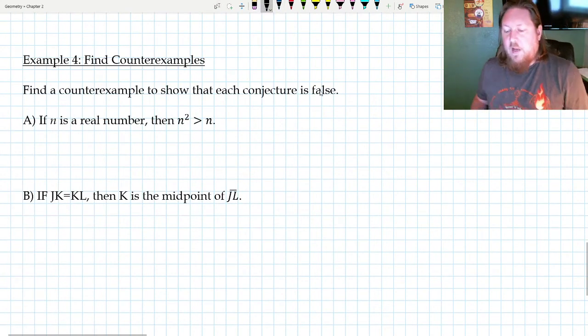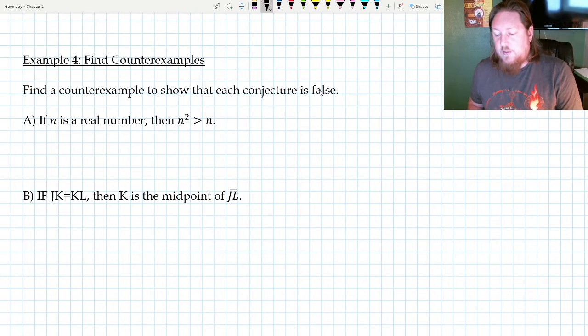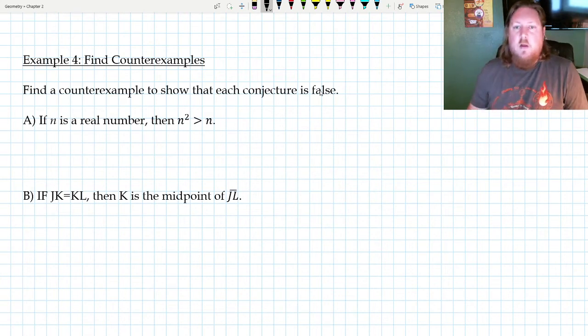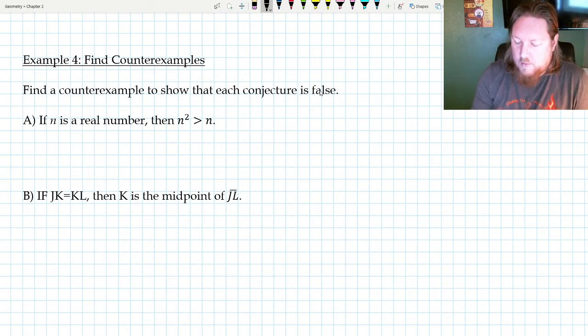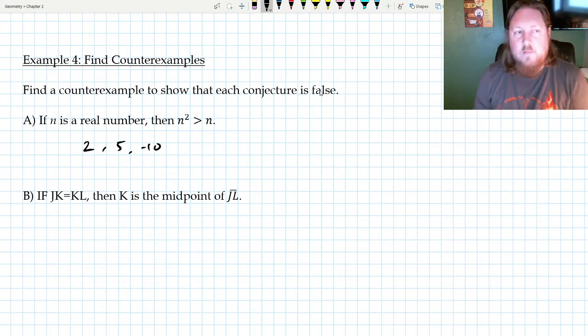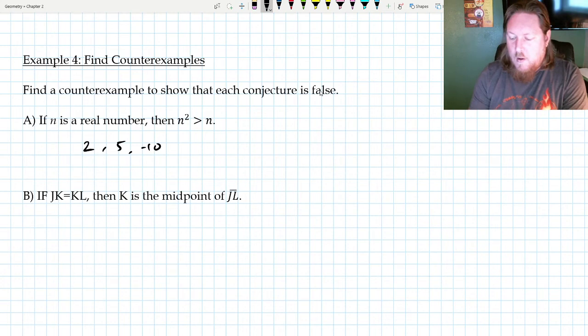Now, example 4, find counterexamples. So we're going to find a counterexample to show each conjecture is false. If n is a real number, then n squared is greater than n. Well, let's take some real numbers. How about 2, 5, and let's do negative 10. Is 2 squared greater than 2?